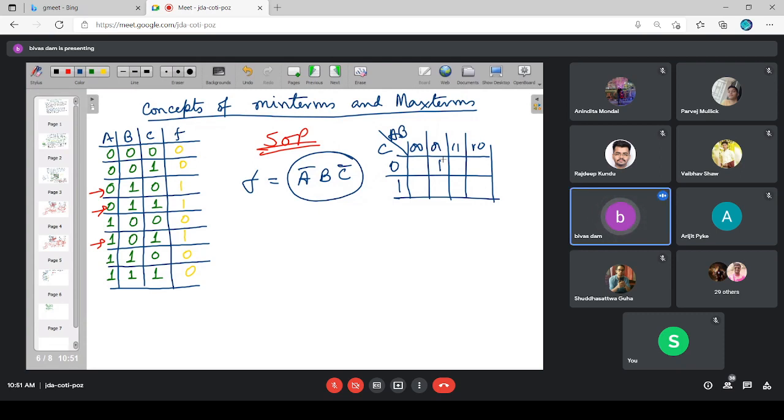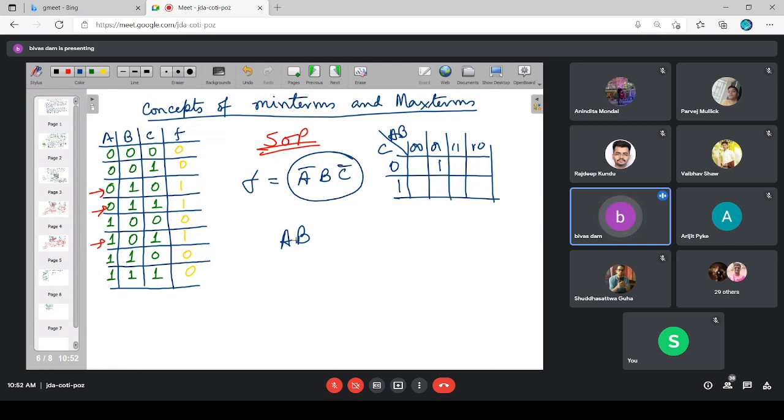Now, instead of this A bar B C bar, I tell you that I have one 3 input variable function where the 3 input variables are A, B, and C. Now, in that function, I have one product term which is AB.